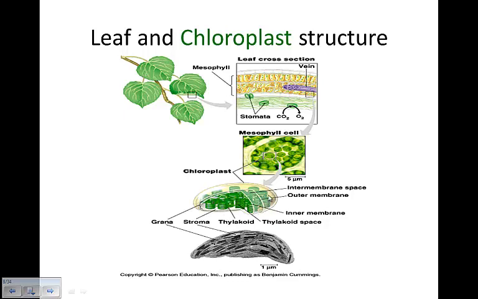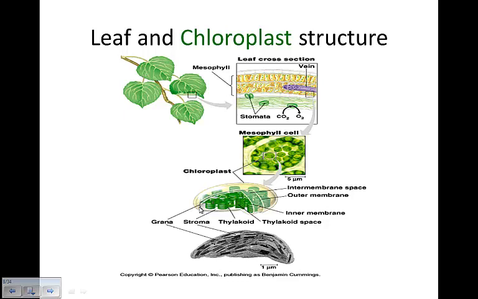Okay, so we have the outer membrane of the chloroplast, the inner membrane of the chloroplast. All of these play a role in photosynthesis, so make sure you know the structures. Outer membrane, inner membrane, thylakoid, whole stack is grana, and then in between the stacks, you have this watery space, and that's called the stroma.